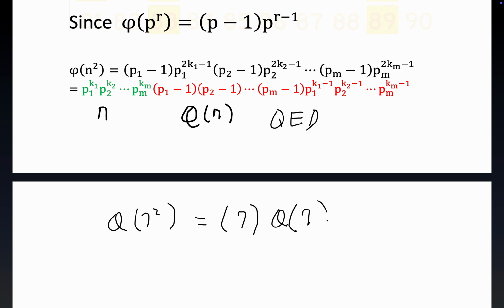And phi of any prime number is, you decrement the prime number one time, because everything less than the prime would be relatively prime to the prime number. So this would be equal to 7 times 6, which equals 42.